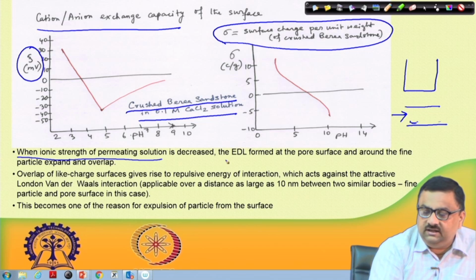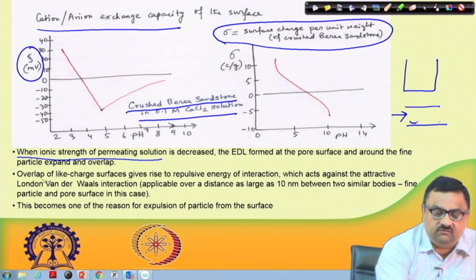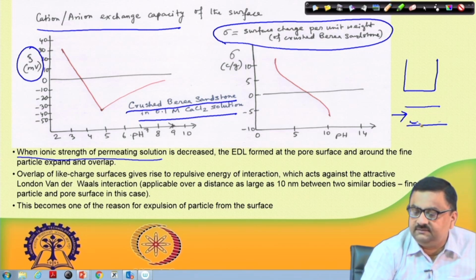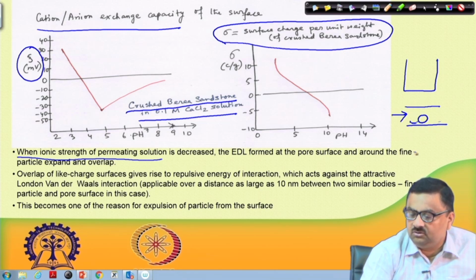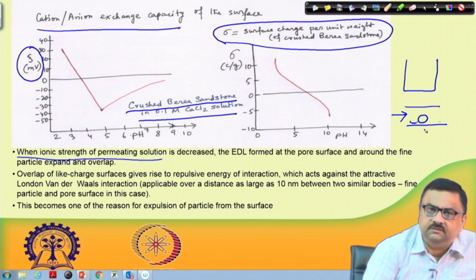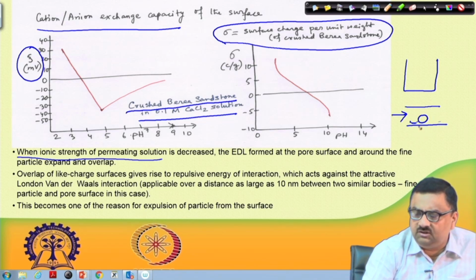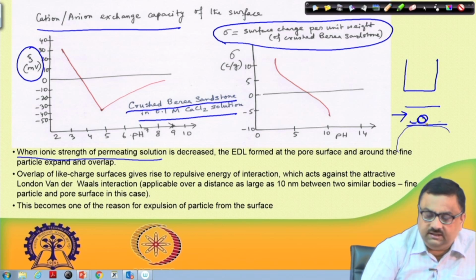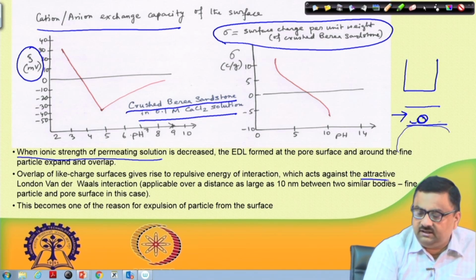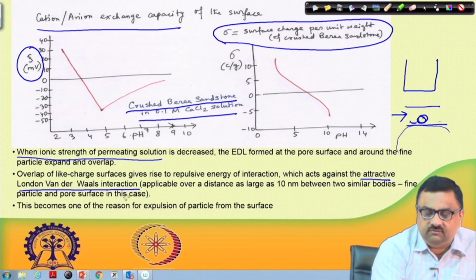Okay. So, the EDL formed at the pore surface and around the fine particle in that case will expand. If there is a fine particle sitting on the pore wall, the porous medium comprises grains, large grains and small grains. Now, a small grain sitting against a large grain is held by an attractive London van der Waals interaction.